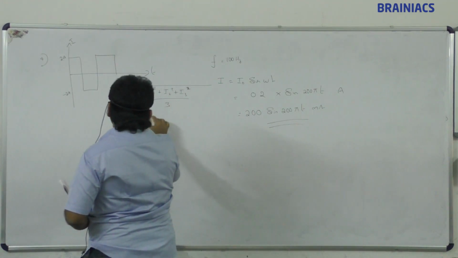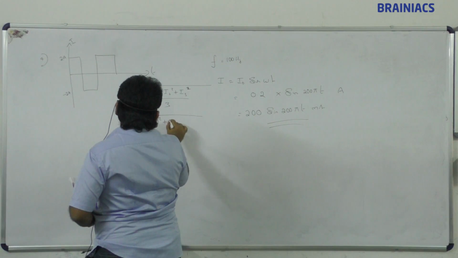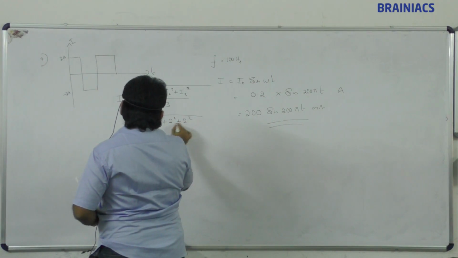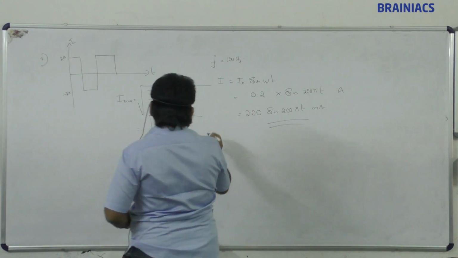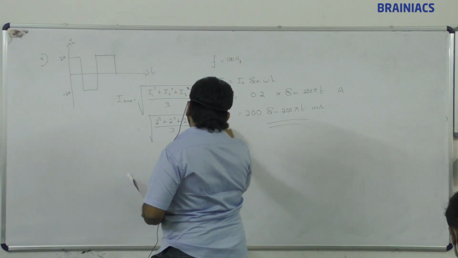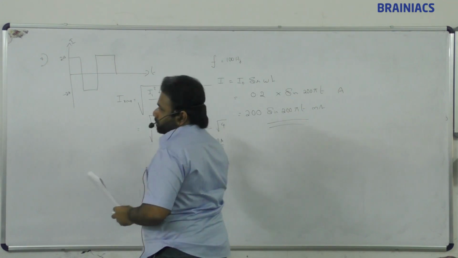Substituting, we get 2 square plus 2 square plus 2 square divided by 3, which is 12 by 3, root 4, so we get 2 ampere.